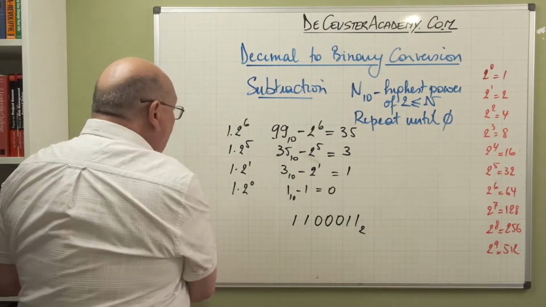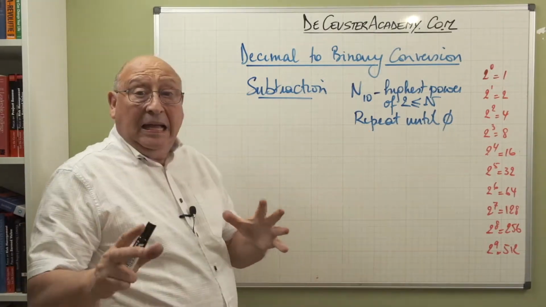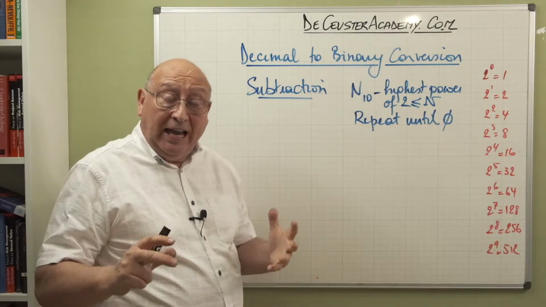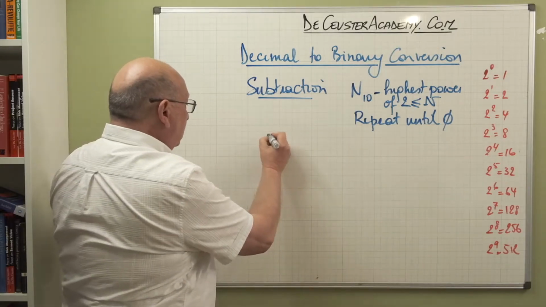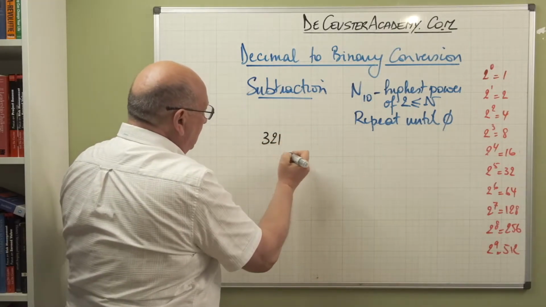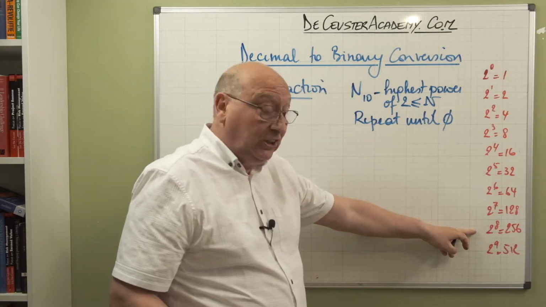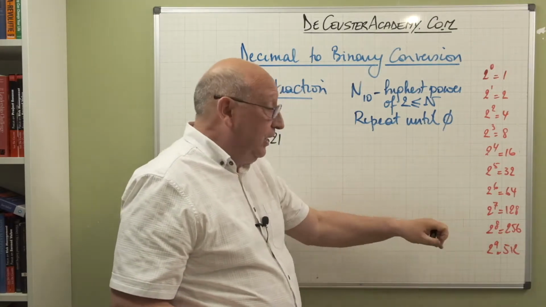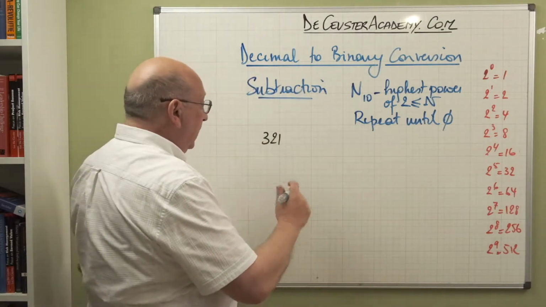Now we can do the same for another number. Let's have a look at another example for the subtraction method. We look at 321. We look for the power of 2 which is smaller than or equal to 321, and that's 2 to the power 8.